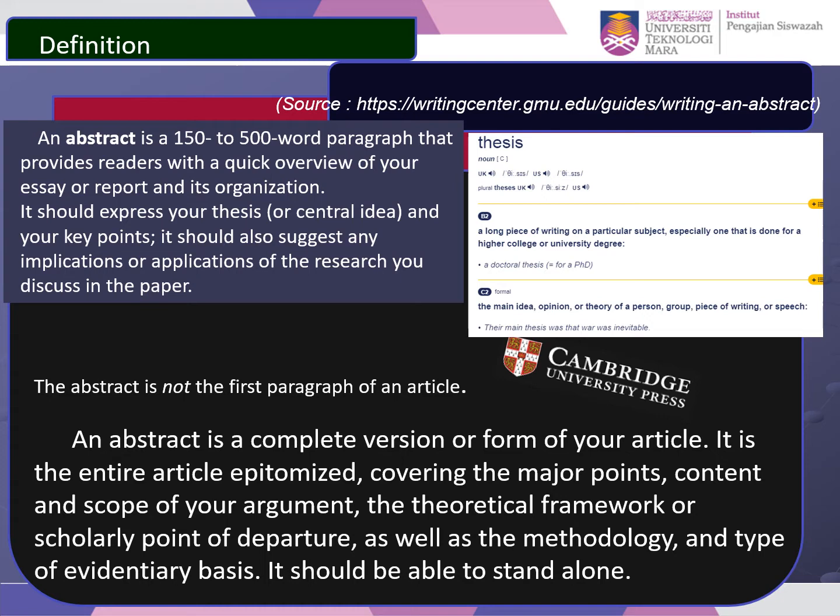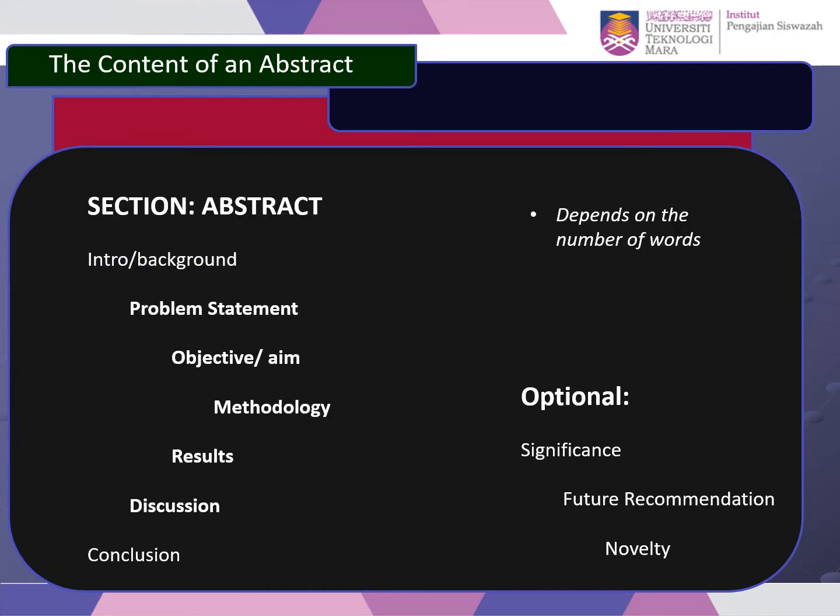It is the entire article, summarizing and epitomizing it, covering the major points, content and scope of your argument, the theoretical framework. The most important thing, according to Cambridge University Press, is that the abstract should stand alone. That means in general your abstract should be conclusive, and when you read the abstract, it stands on its own. Due to that, I can present to you the content of an abstract.